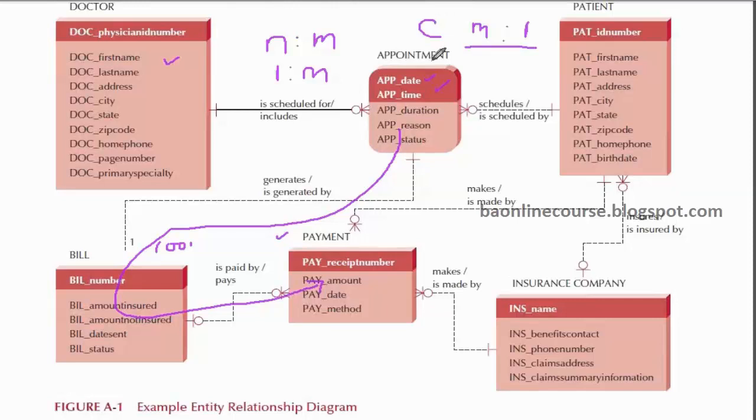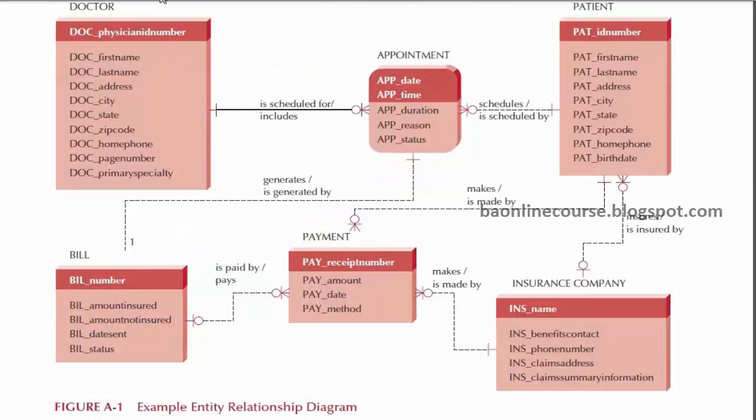The next concept is modality. Okay, so modality tries to bring out the dependencies between two entities. So cardinality is, you understand, it's one to many or many to one. Right? It could be one to one, it could be many to many, it could be many to one, or one to many.